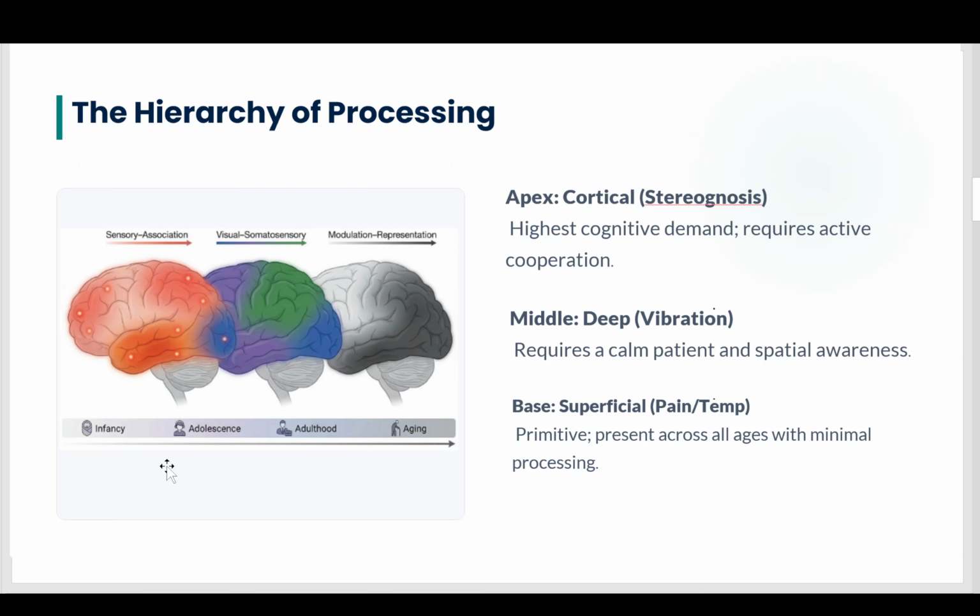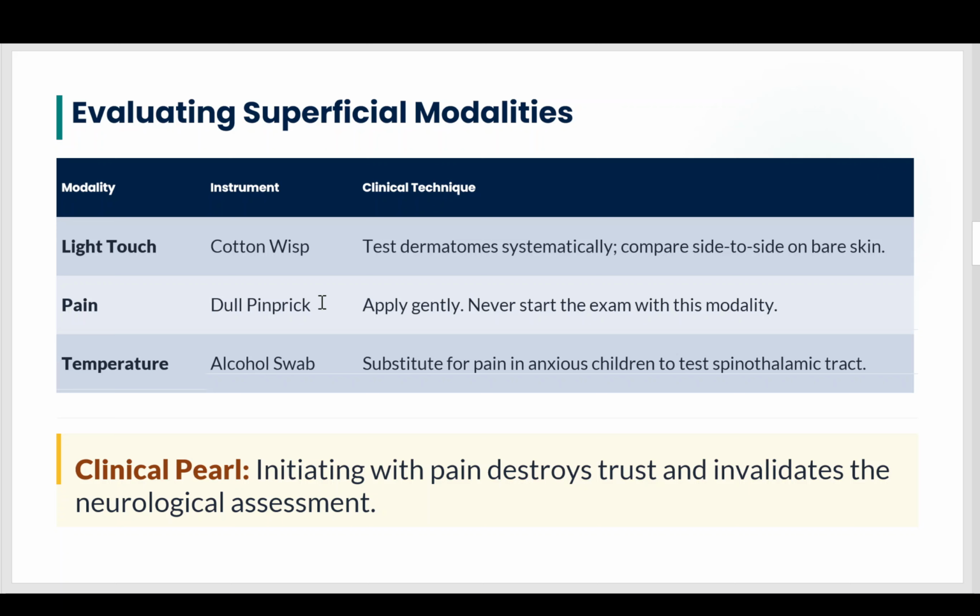We always use a cotton wisp for light touch, and we should test the dermatomes systematically and bilaterally, and compare the two sides on bare skin and never across the cloth of the patient. Pain is best avoided as a sensory modality because it makes the patient very uncooperative, and it may be avoided in some cases because the same pathway carries the sensation of temperature.